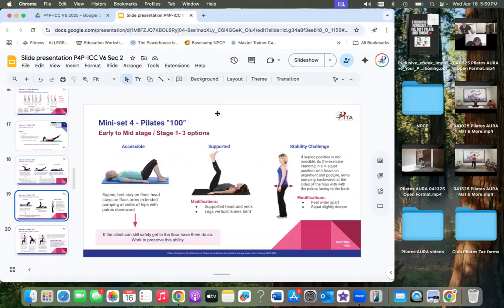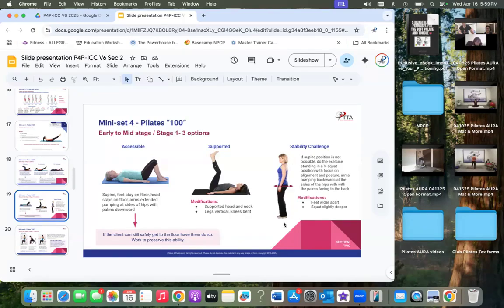Let's say we've got, maybe it's early stage, but it's a 90-year-old person or an 87-year-old person. You can put them on their back. You can give them some cervical support. They can have their legs lengthened, but the head down.